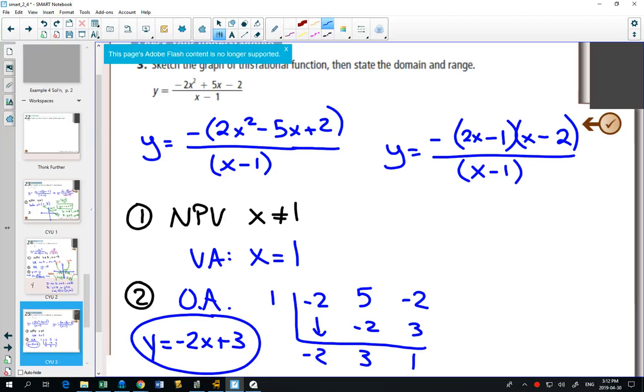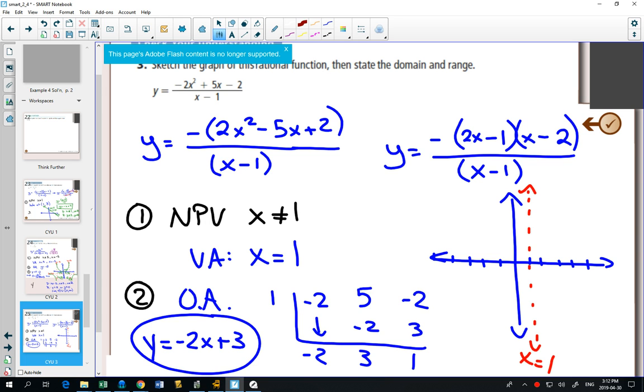So as far as my graph goes, we have a vertical asymptote at x equals 1. We have an oblique asymptote at -2x plus 3.